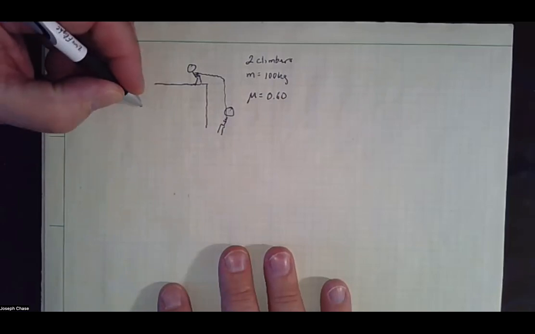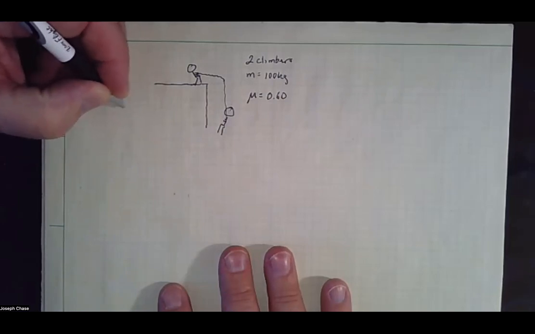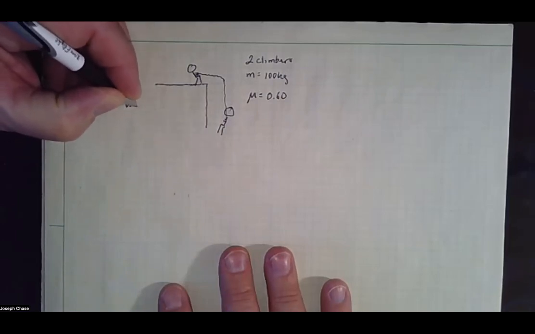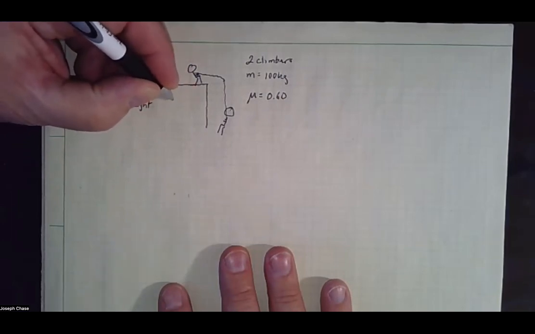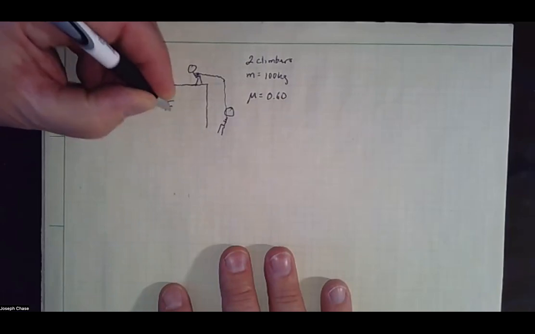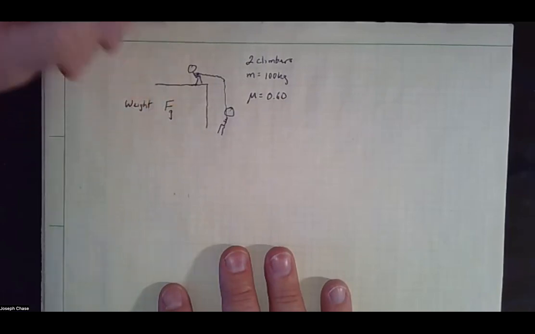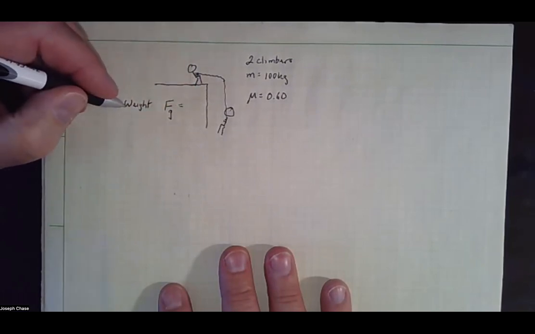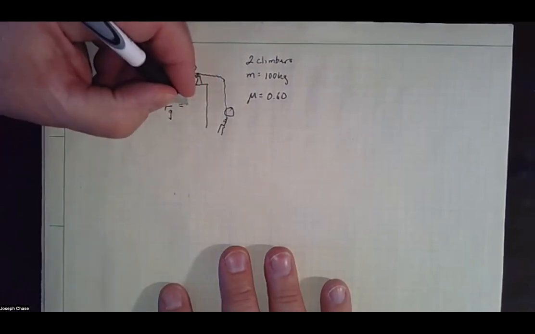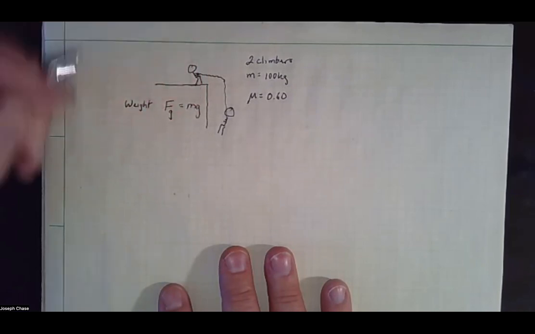When I'm doing a lot of work with forces, I'll abbreviate it symbolically as a force and then use a subscript to indicate what kind of force we're talking about. Since this is a force caused by gravity, I use F subscript G, and that's equal to mass times gravity.